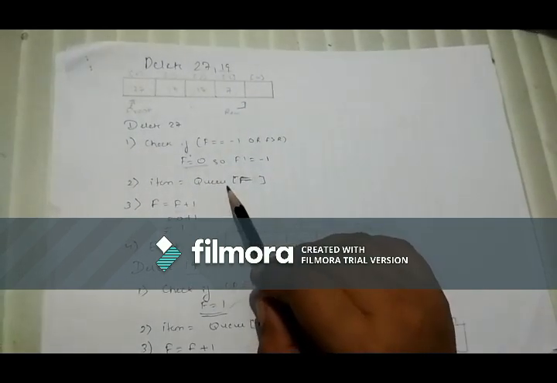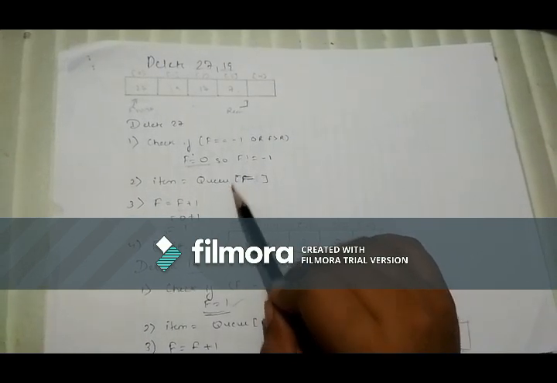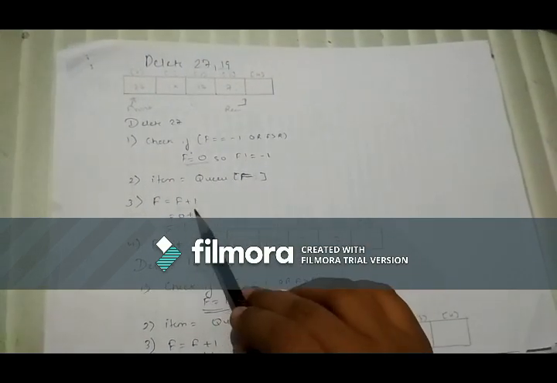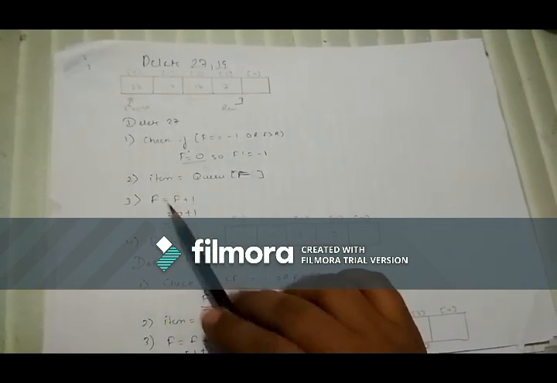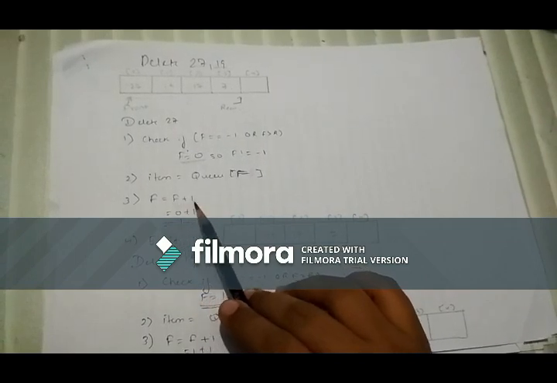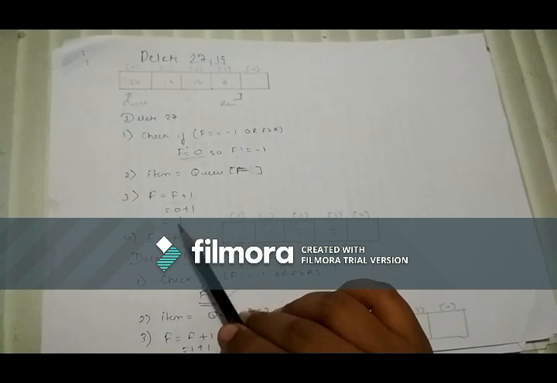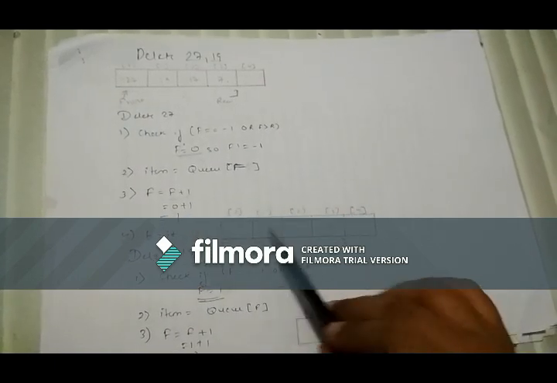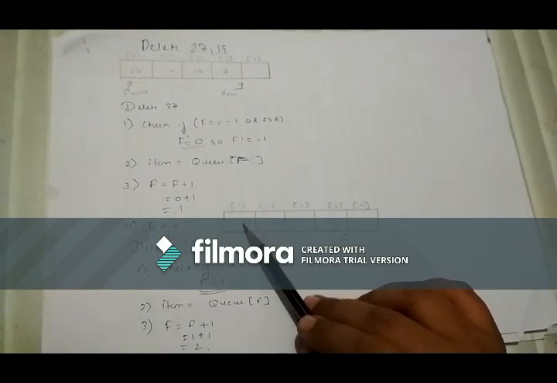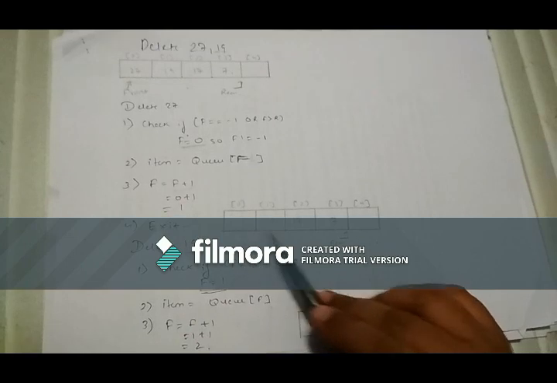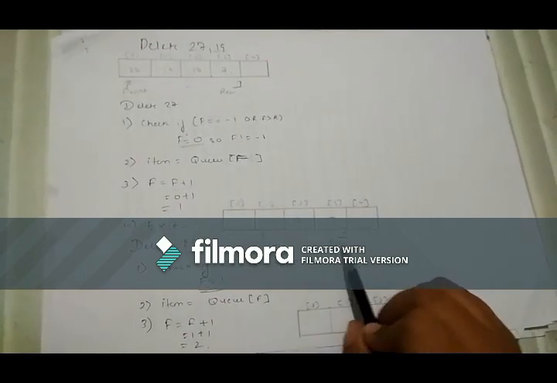We will shift 27 from the 0 index of the queue to the item, and we will simply increment the value of f, that is f = f + 1, 0 + 1 = 1. Then we will exit. The resultant queue will look like this. The 0 index is deleted, so front is shifted to index 1 and rear is unchanged.